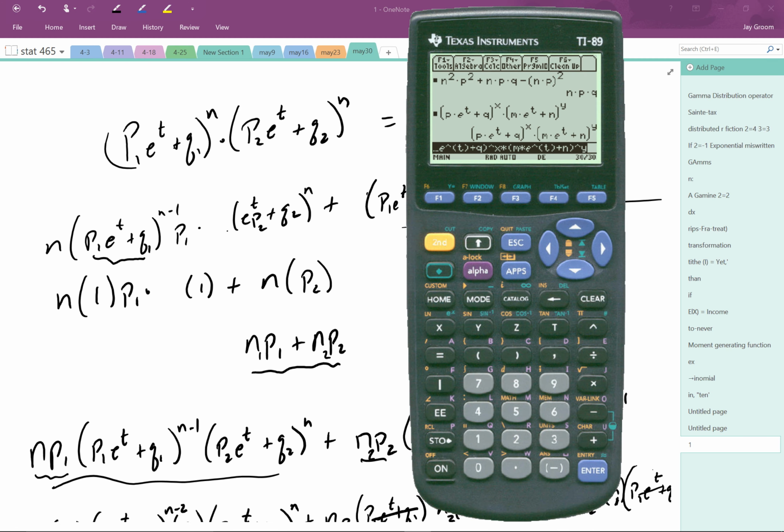Alright, so I'm not finding out where I made my mistake, so I'm just not going to play with it anymore. So what I'm going to do is take the derivative on the calculator. You notice I let P and Q be P and Q1. And then I'm going to let X be my N1 and Y be my N2 and M and N be my other P and Q. I can't do anything better than that on the calculator. Okay, there's that.